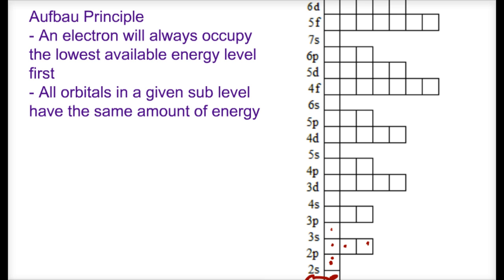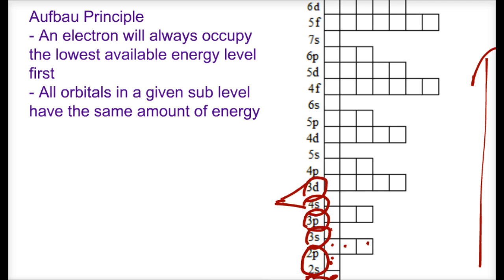Notice as the 1's get filled first, then your 2's, then your 3s, then your 3p, 4s, 3d. Notice right here that one energy level is a little further out than the other, but they must fill in this order.